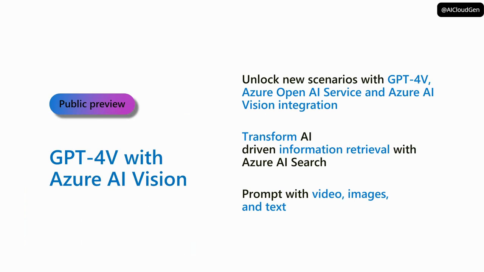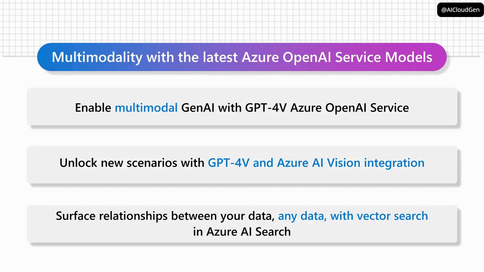And with the Azure AI Studio, you also have GPT-4 Turbo with Vision with Azure AI Vision. This is in public preview, and with Azure AI Vision you will be able to unlock a lot of different scenarios where you can write prompts with video, images, as well as text. So this opens up a wide range of opportunities within Azure OpenAI.